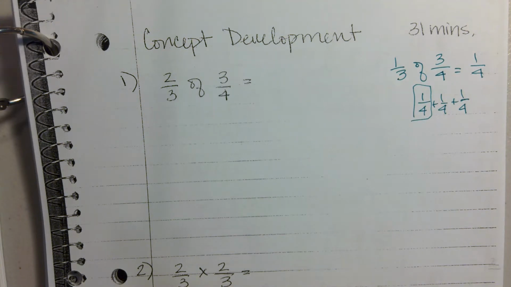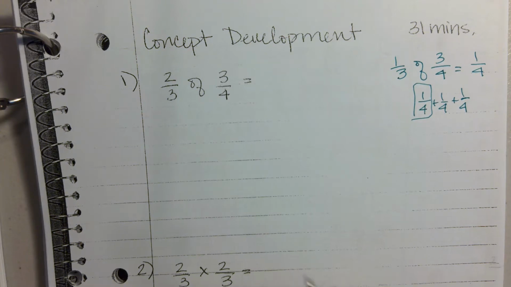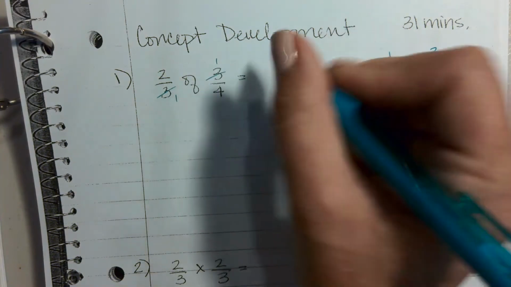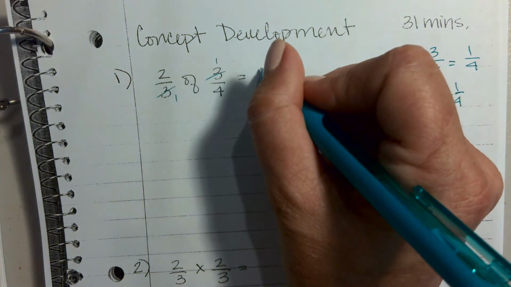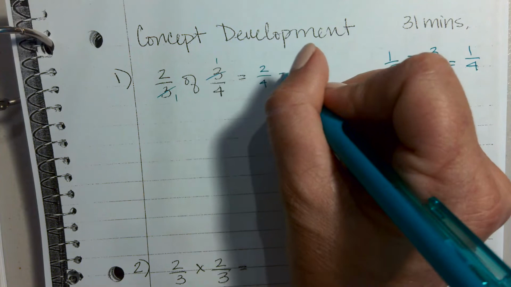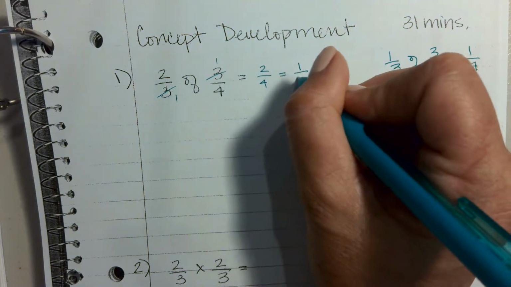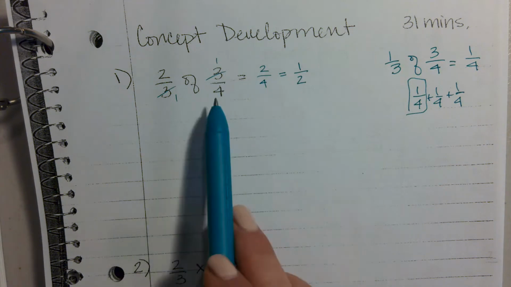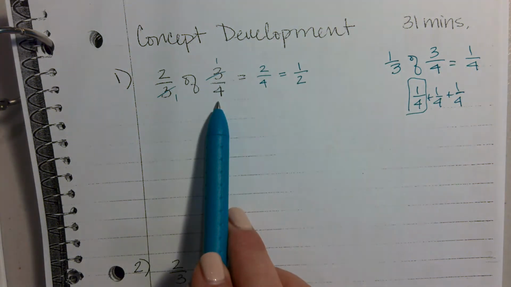Well, 2/3 would just be double 1/3, so it would be 2/4. Now, you can just look at this and know that you can cross cancel and end up with 2/4, and 2/4 is the same as what? 1/2, right? So 3/4 is 3 equal parts, right?